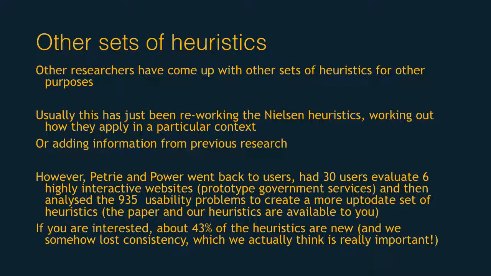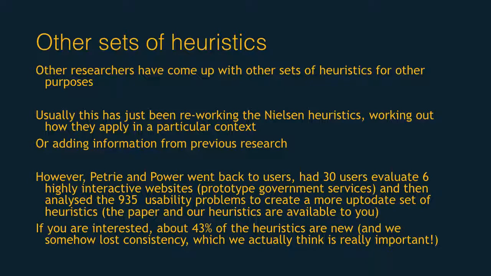But these tended to be just taking Nielsen's heuristics and thinking about how would consistency apply in e-learning or in systems for children, and coming up with examples and possibly adding more information that had been gleaned from the literature. So I've never been terribly impressed by those.